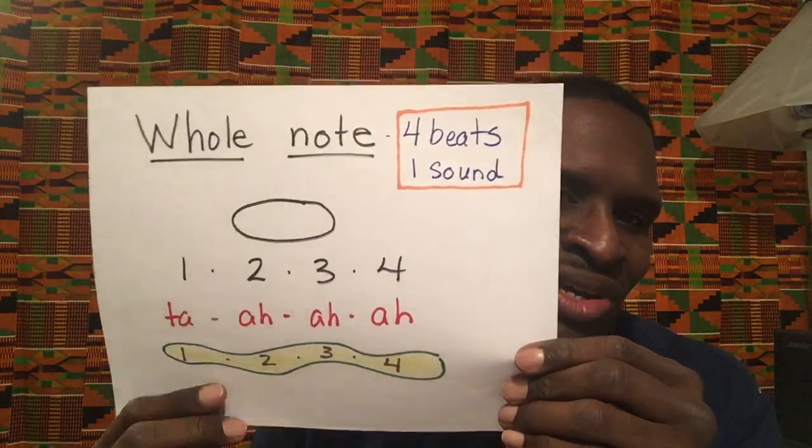Ta. Very good. So, get out a dry erase board. If you don't have one, stop the video here and get your whiteboard so we can learn how to draw a whole note. Okay? So, here is a whole note. It is simply an oval. I say it looks like a little bit of a potato, but it's an oval.